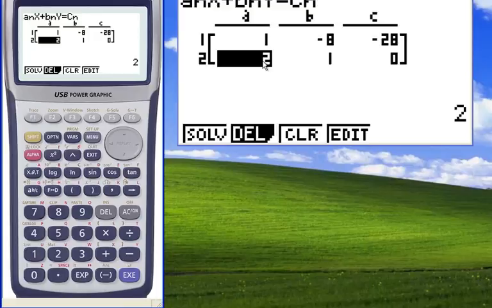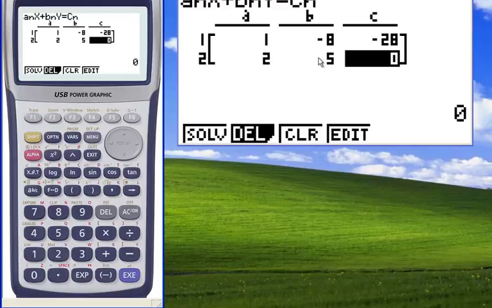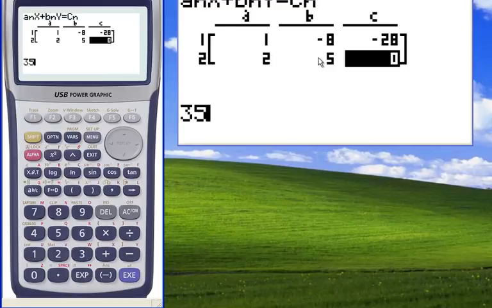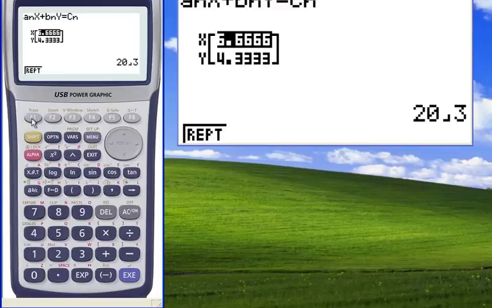And the second equation was 2x, 5y, there's a 5 in there, and 35 goes there. So basically you just tell it what the two equations are, and then up appears solver, delete, clear, edit, and F1 if we push solve. It says there's our solution, 6 2/3, 4 1/3.